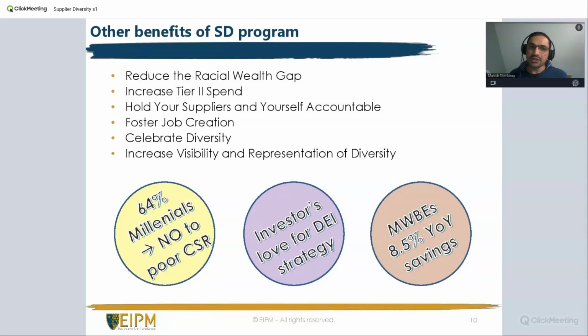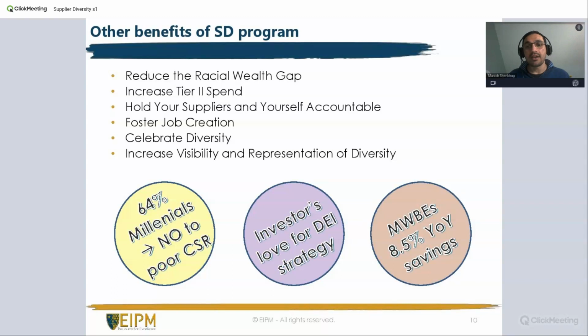The numbers that I have mentioned here are critical. For example, what I mentioned in terms of 64% millennials, so the Gen Y and Gen Z that we are talking about, they are kind of rejecting, let's say, companies that have a very poor corporate social responsibility, in defining supplier diversity as a part of your corporate social responsibility.